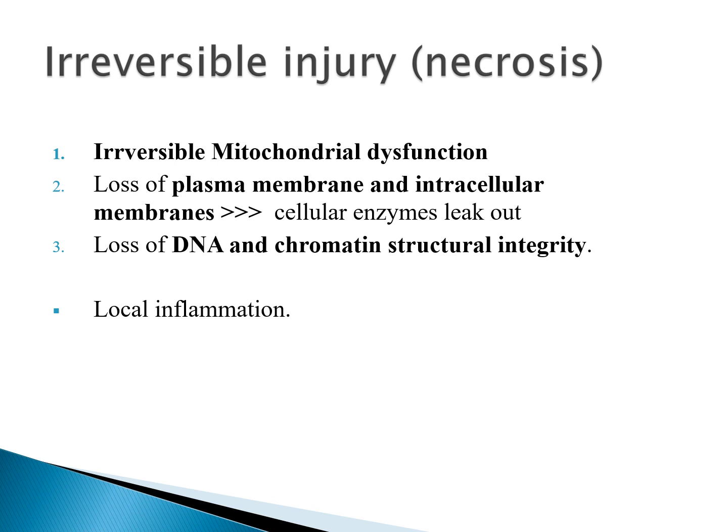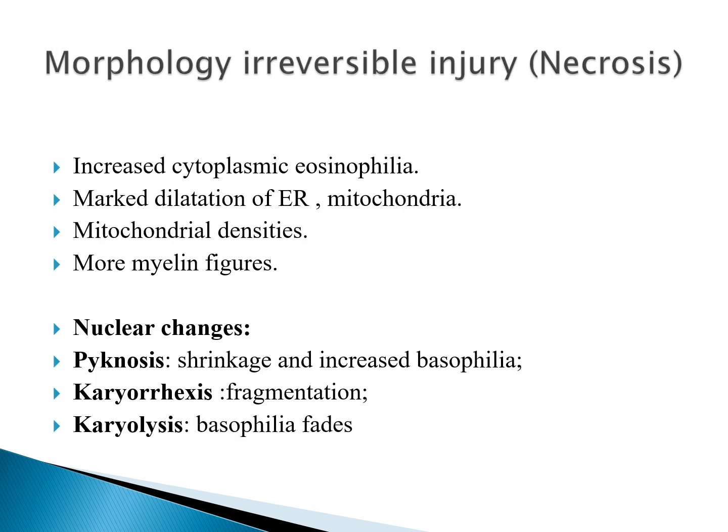Now, the necrotic cells, these dead cells, will stimulate an inflammatory reaction in order for the inflammatory cells to come and clean and clear the necrotic and dead cells and remove them as a preparation for repair. So what are the morphologic changes in irreversible cell injury?